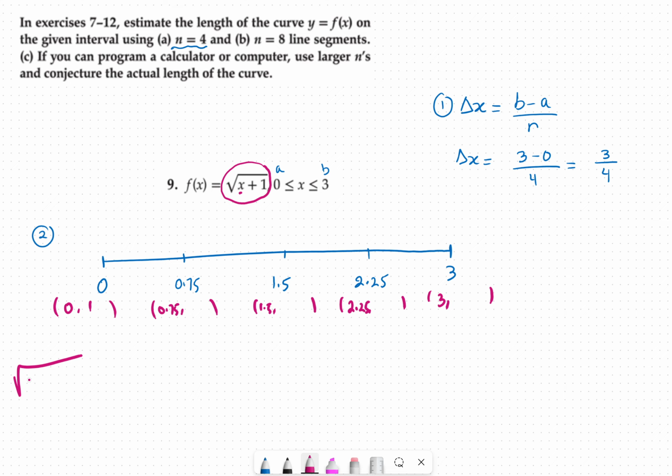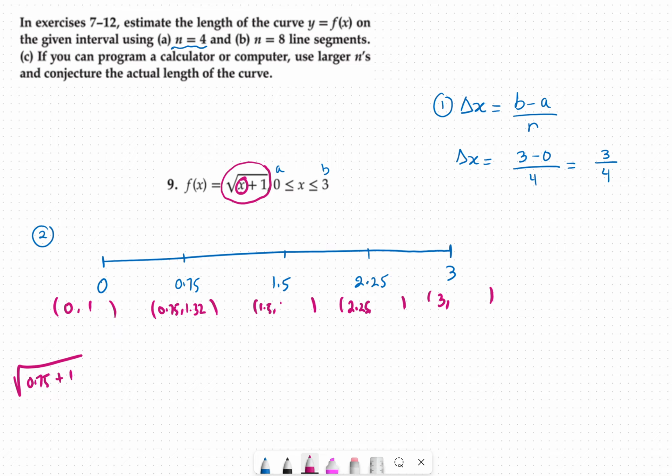You have 0.75. So I will put on your calculator, instead of this x, 0.75 plus 1. So I will put square root 0.75 plus 1. That will give me 1.32. Then again I will do with 1.5.